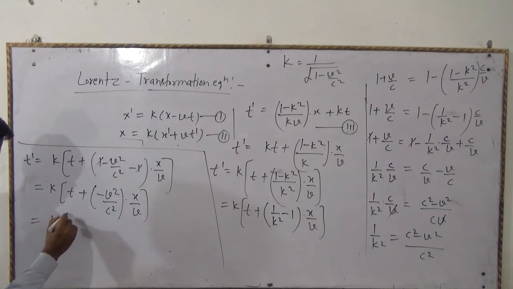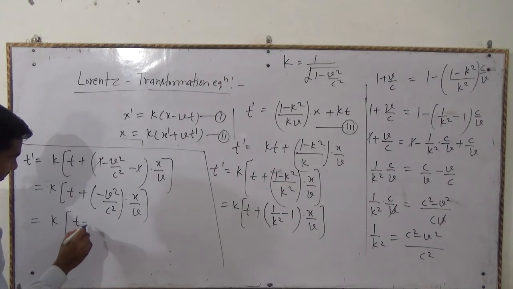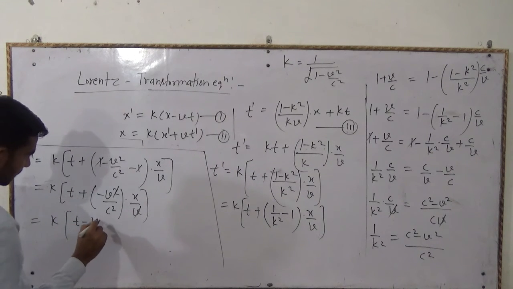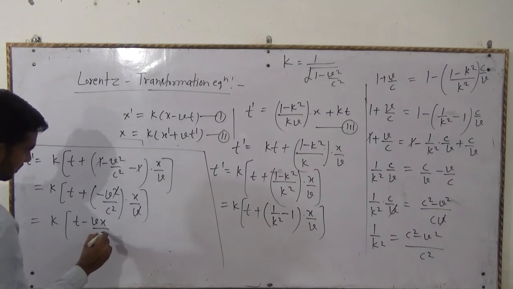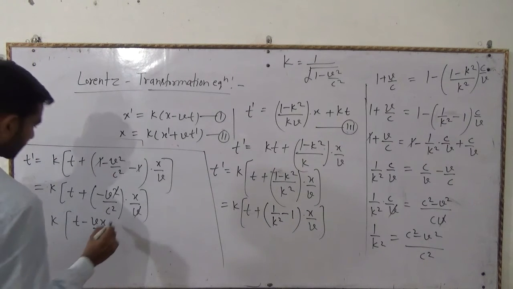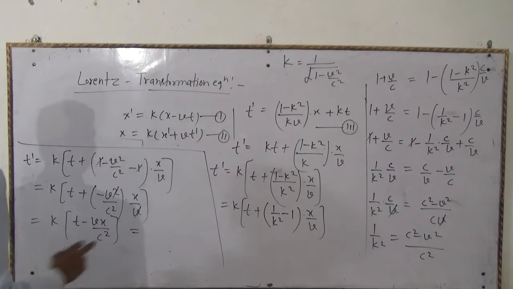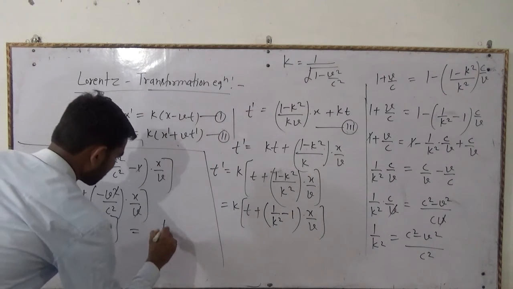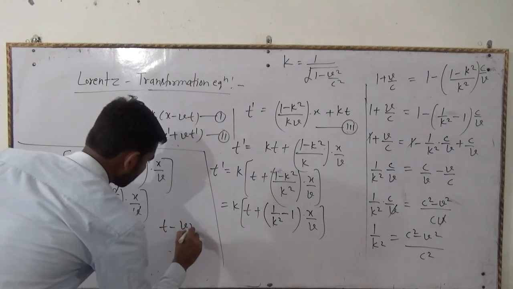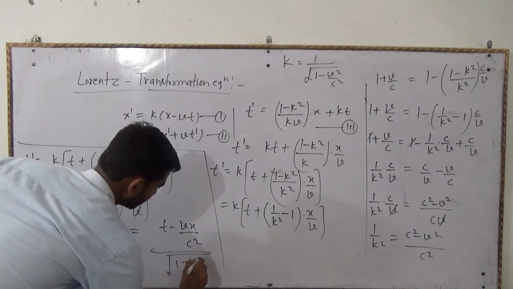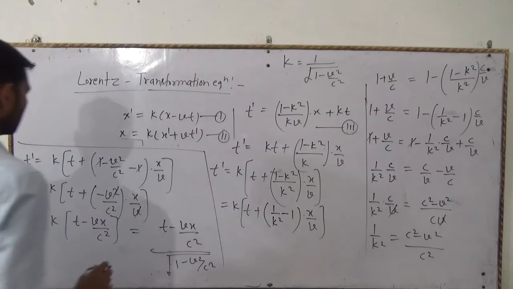So it will be k t minus, here v and v will cancel out, vx by c square. That is t minus vx by c square. The value of k also we have found, so it will be t minus vx by c square upon under root 1 minus v square by c square.